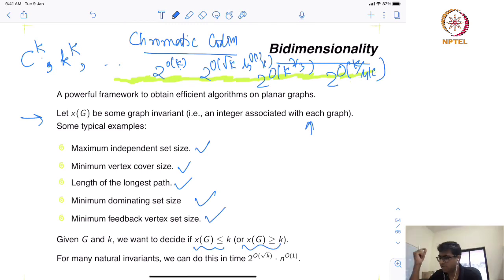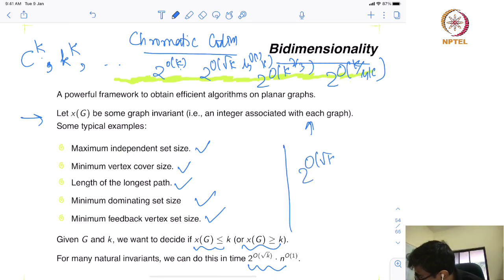Meaning, is the vertex cover at most k, is the feedback vertex set at most k, is the dominating set at most k, is there a path of length at least k, is there an independent set of size at least k. For many of these natural graph problems or graph invariants, we can design an algorithm with running time 2 to the power big O of root k, polynomial in n, or if nothing else, we can definitely get this.